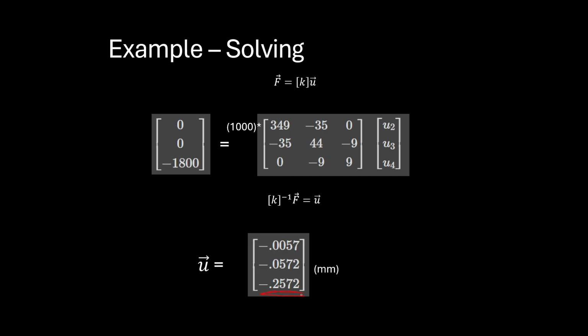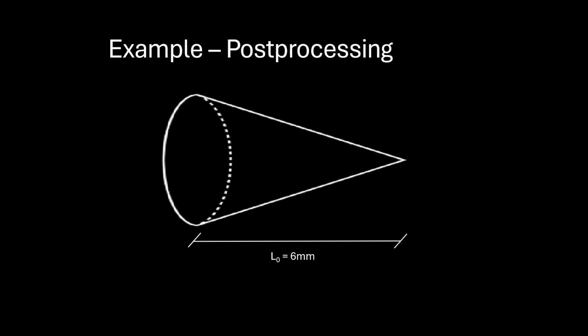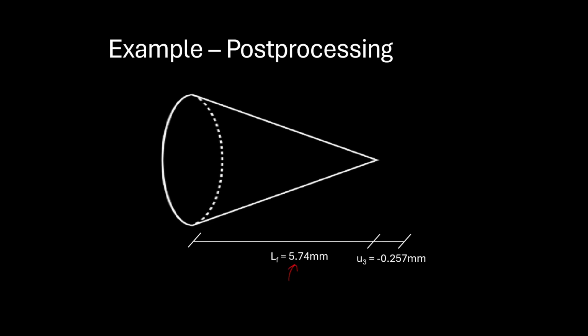Let's take this displacement of the 4th node, and look at our original model with an original length of 6 millimeters. Now if we apply that displacement on the end, that puts our final length to 5.744. You know, a displacement of 1/4 millimeter when it's only 6 millimeters long is pretty substantial.